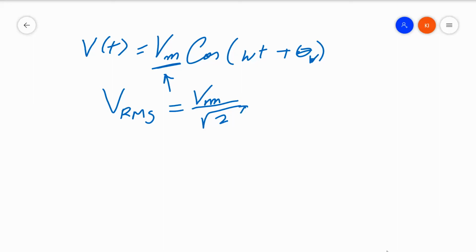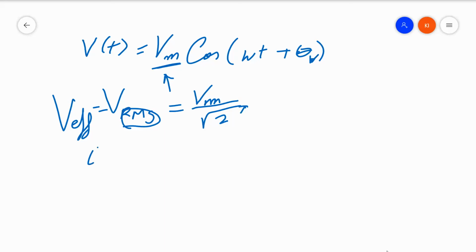Now, when we're talking to people who deal with power systems, they don't like to use the word RMS. Rather, they like to use the word effective. So if you ever hear V effective, it's just basically the maximum value of the voltage divided by the square root of 2. Same thing is true for I effective.